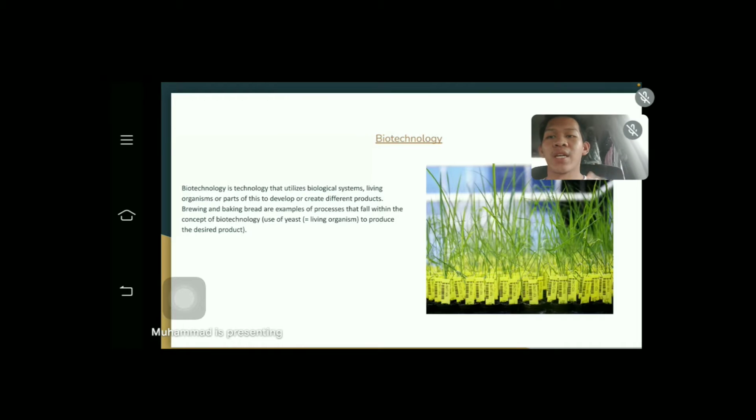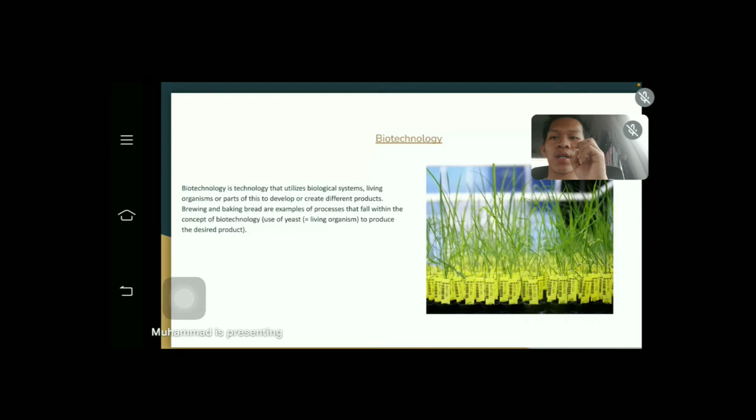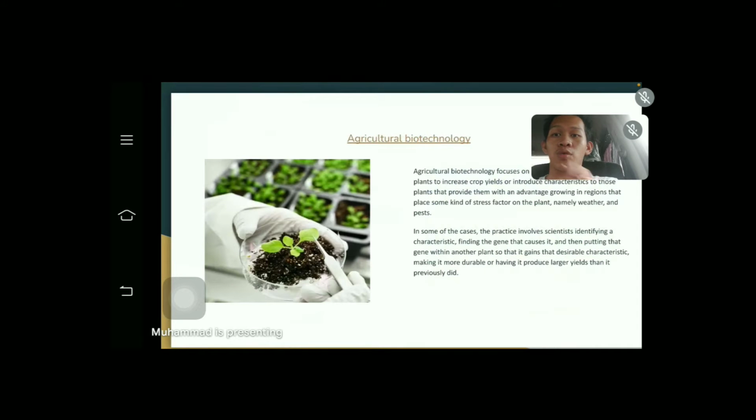Brewing and baking bread are examples of processes that fall within the concept of biotechnology, just like using yeast, the living organism, to produce the desired product. So next we go to agricultural biotechnology.